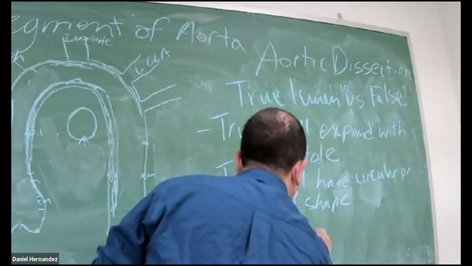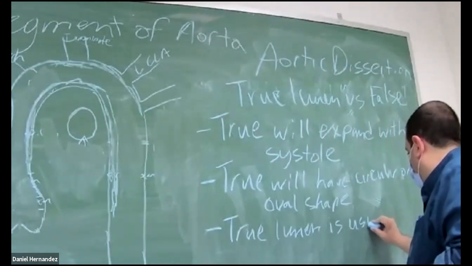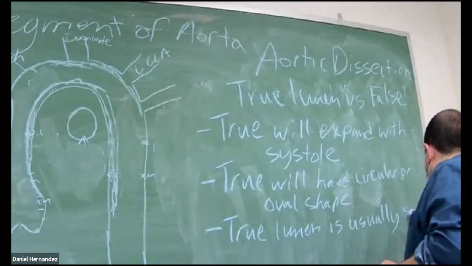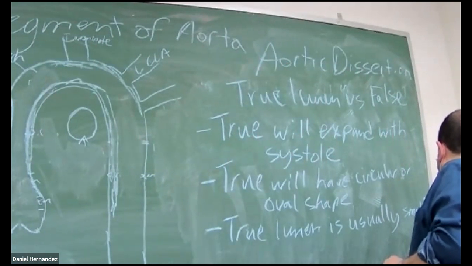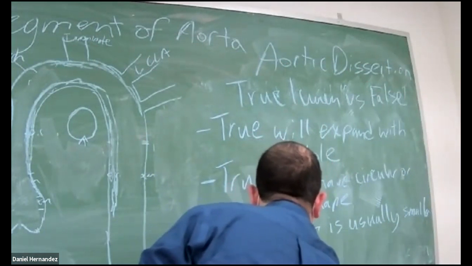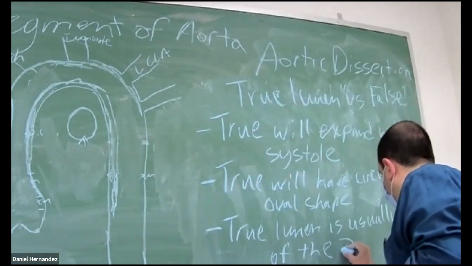True lumen is usually the smaller of the two.